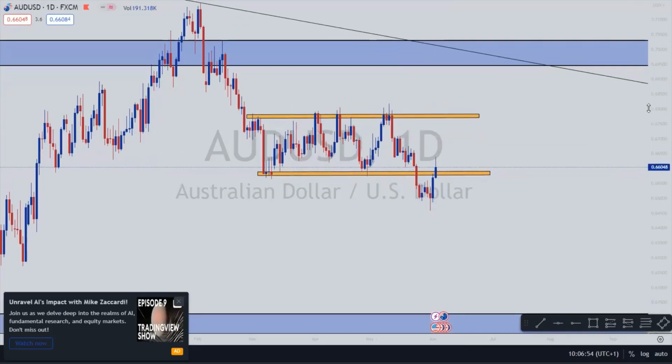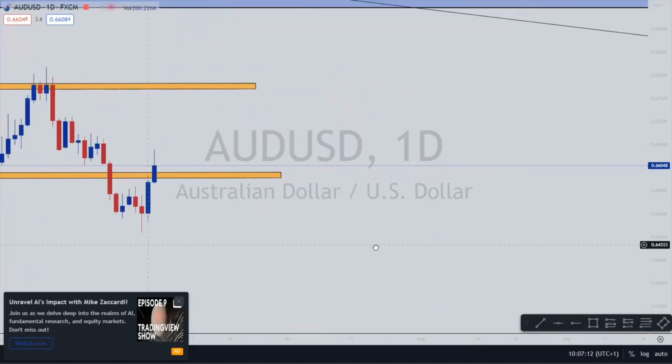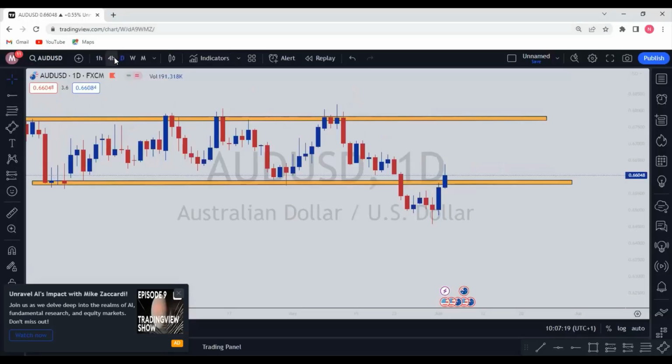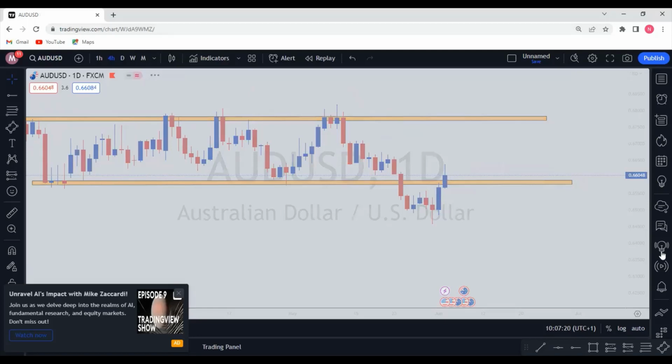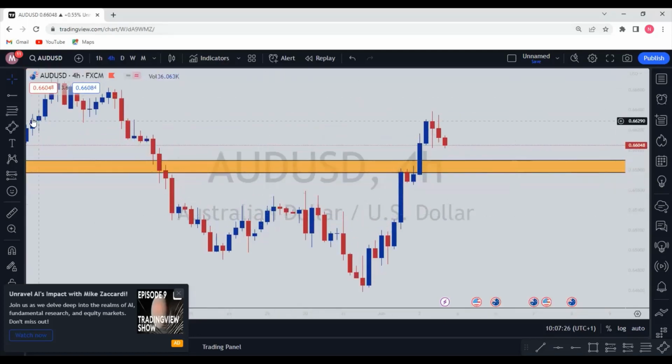I say, okay. Normally, when you break down, you have to retest. So I think this is what's happening right about now. We are trying to retest this. I'll not even lie to you guys. When this market breaks out, I took an entry about here.